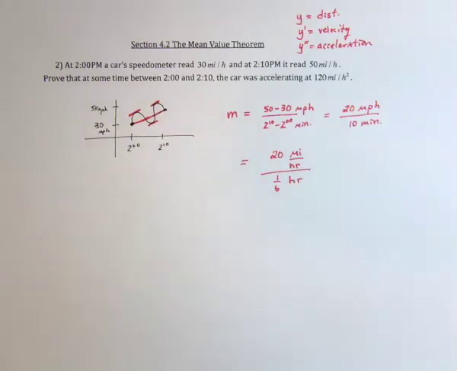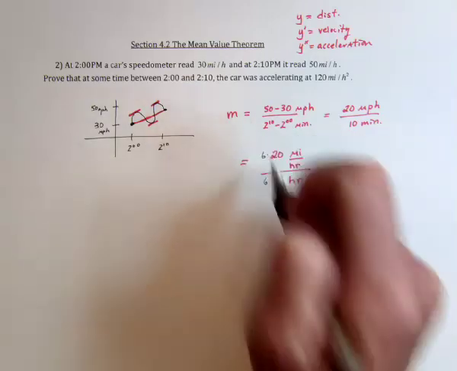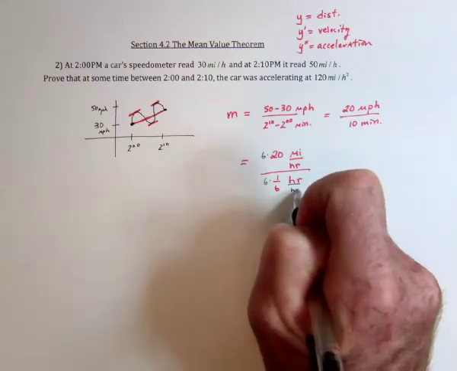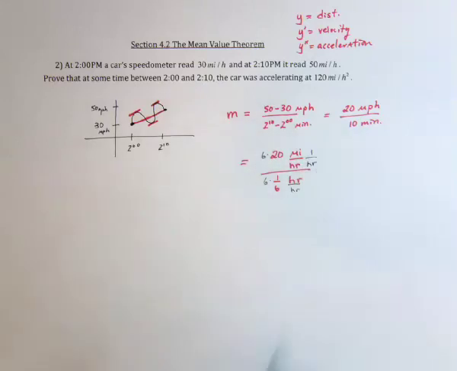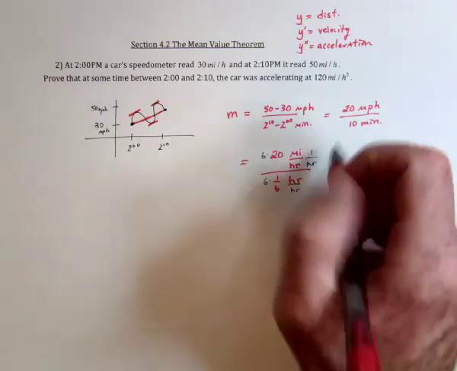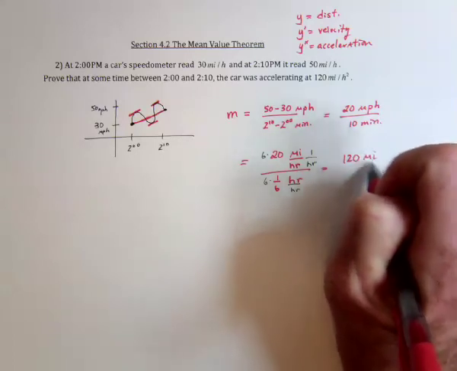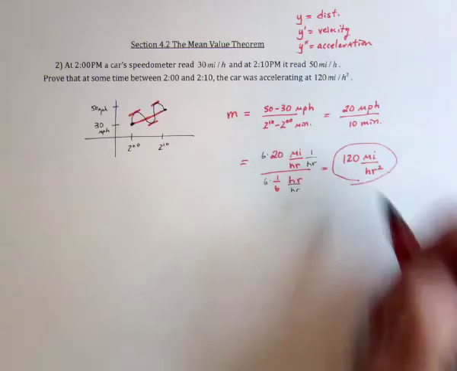And then to finish this, we would need to multiply by 6, and there's the 120. And we would need to divide by hours, and there's the hours squared. So it's 120 miles per hour squared acceleration.